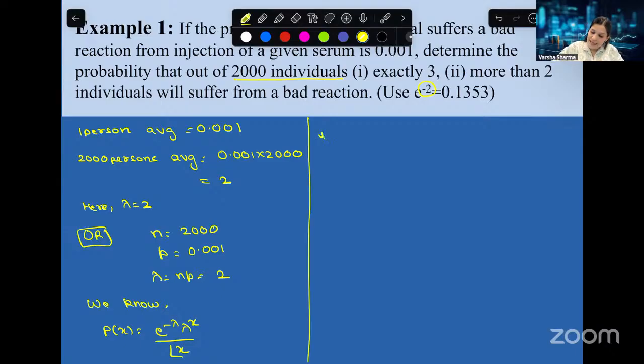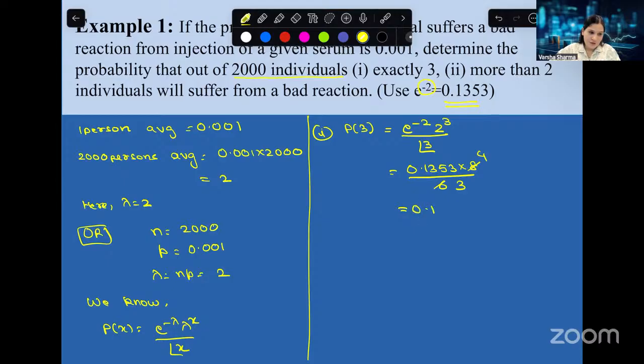Number 1, exactly 3. I want to find P of 3. So e power minus lambda, lambda power x by factorial x, x is 3. Now, the e power minus 2 value will be provided in the question. 0.1353 into 8 by 6. Answer 0.18.